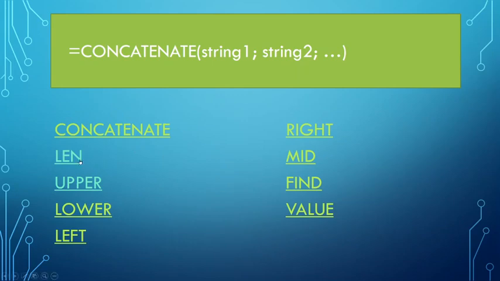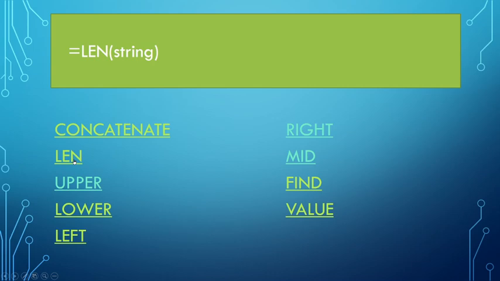Then we have the len function, which is the length. So we simply have the function name and the text that we want to return the length of. So if I would say length of this word, we can count 1, 2, 3, 4, 5, 6, 7, 8, 9, 10, 11. So the result would be 11.